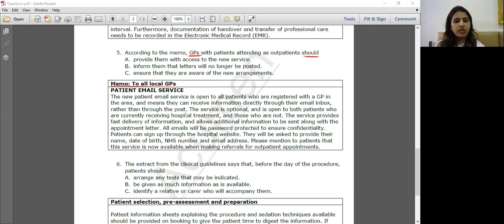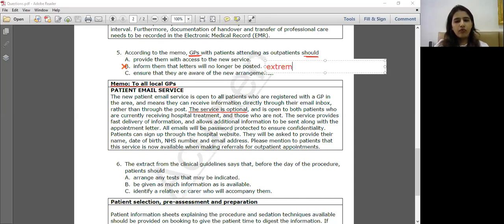Now they have informed here that this service they are starting with the email notification is optional, right? That clearly helps me rule out B here. No longer be posted. No longer is an extreme word.